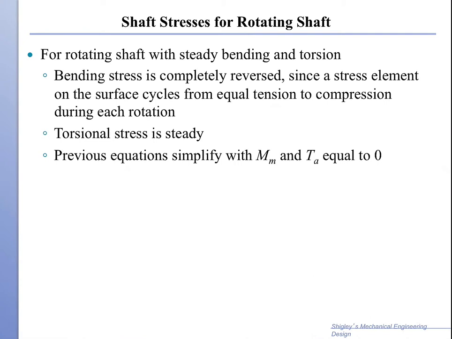One of the critical ideas is that the mean value of the moment in shaft design, M mean, and the alternating value of the torque in shaft design are usually equal to 0, unless it is a very rare case that these are not 0.